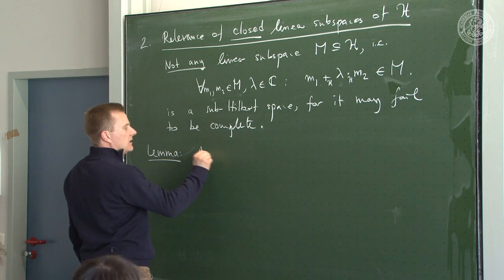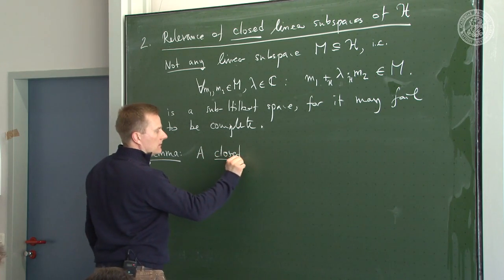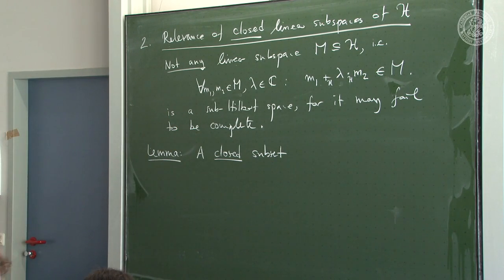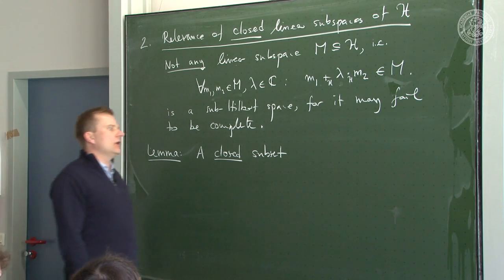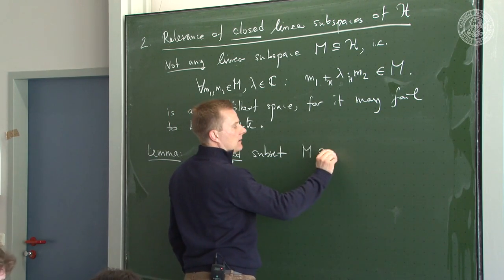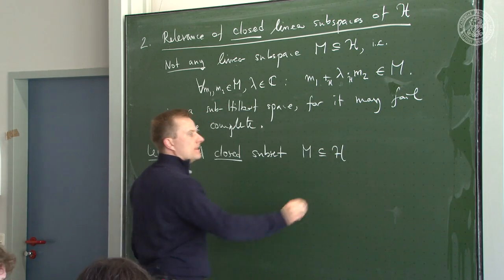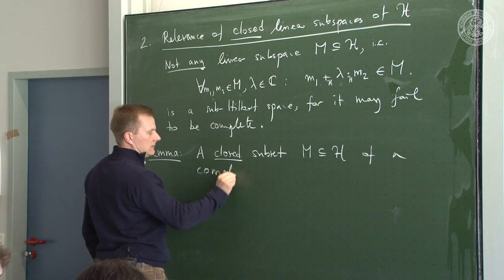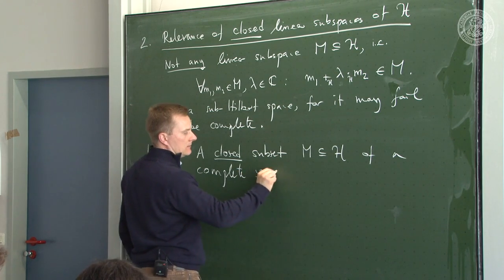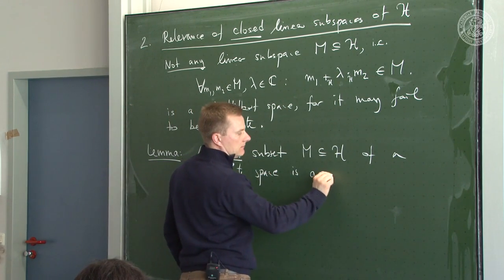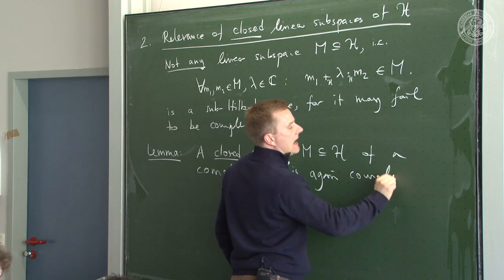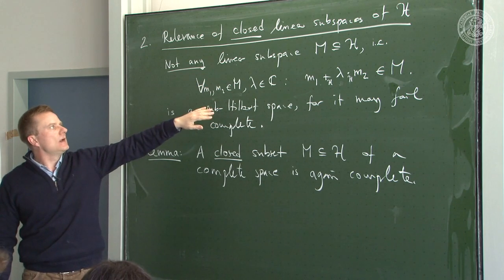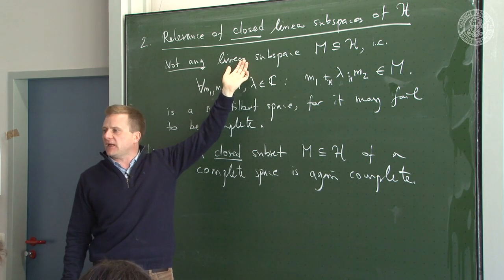Lemma: a closed subset M of H, a complete space, is again complete. So in order to preserve the completeness property, we cannot take any old subvector space.